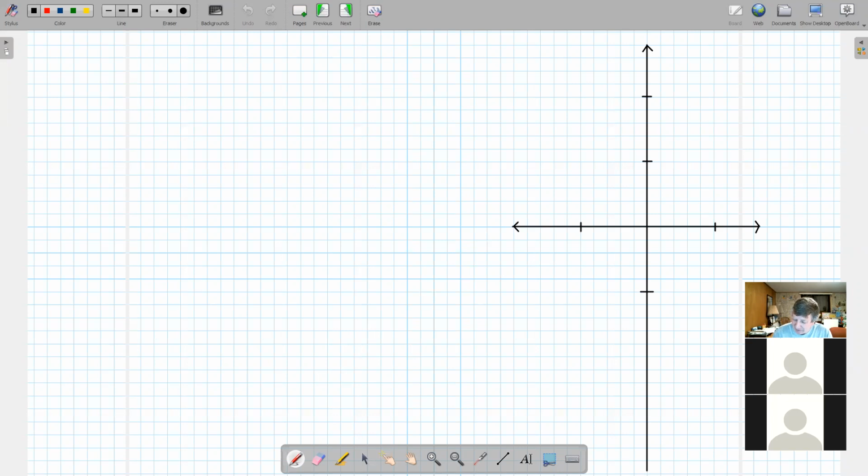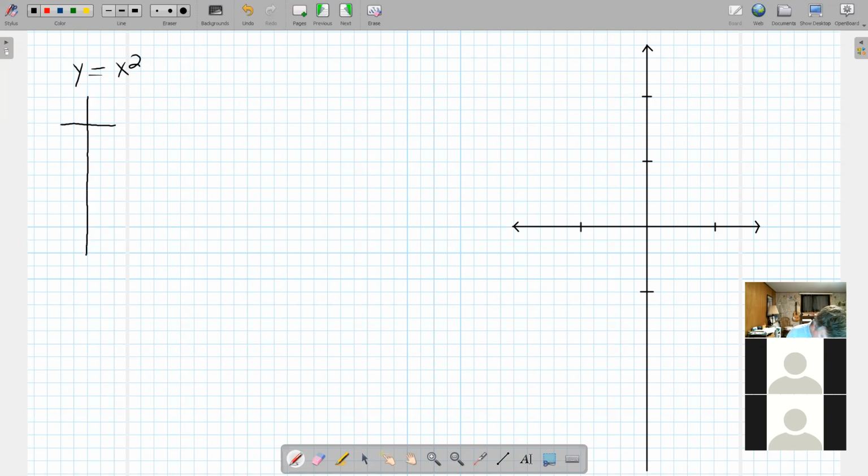Okay, let's take a look at the graph of a second degree equation. So we're going to take a look at the graph of y equals x squared. All right. And what I'm going to do, I'm going to make a table.